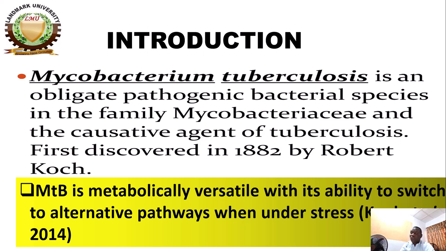Mycobacterium tuberculosis was discovered in 1882 by Robert Koch. Mycobacterium is also recognized to be metabolically versatile because of their ability to withstand certain stress by switching their pathway when under stress.